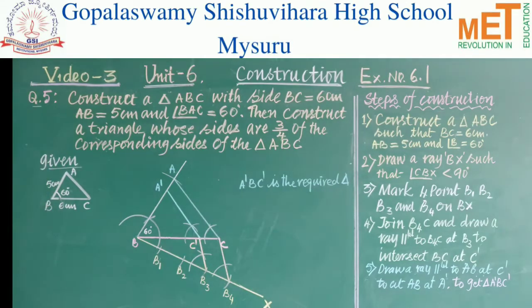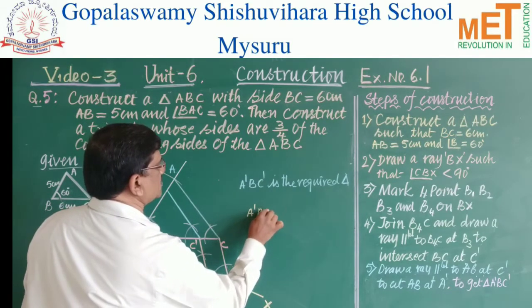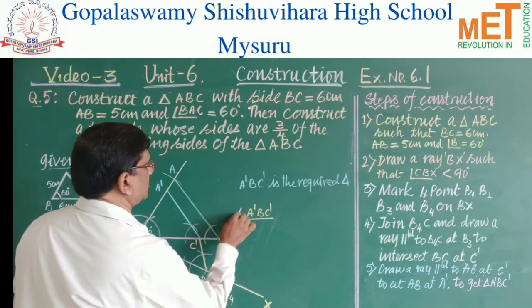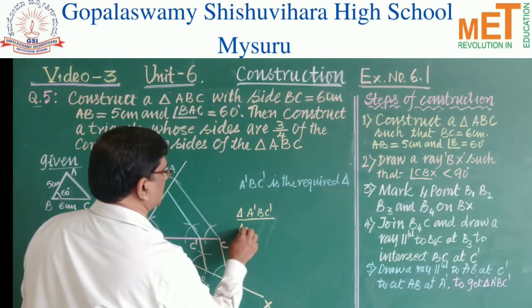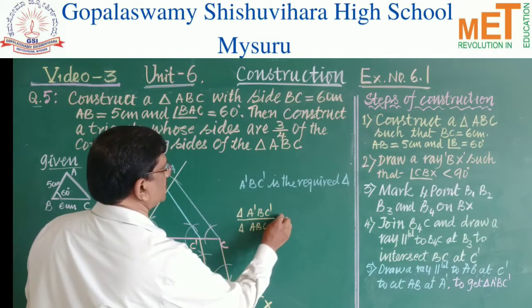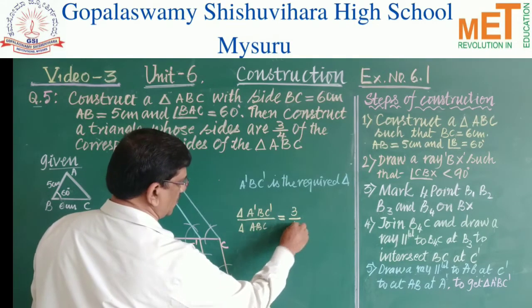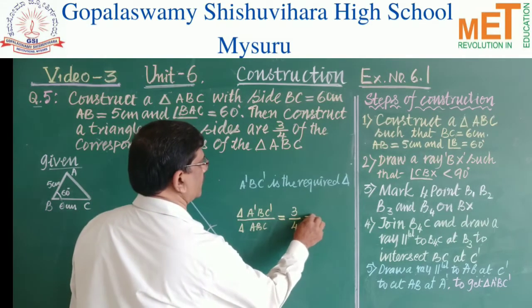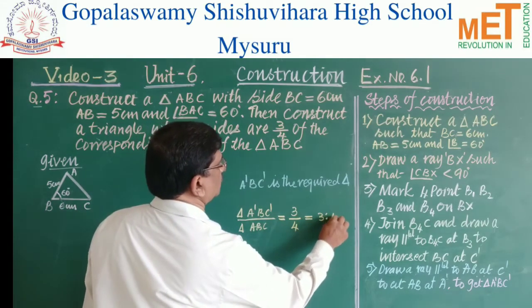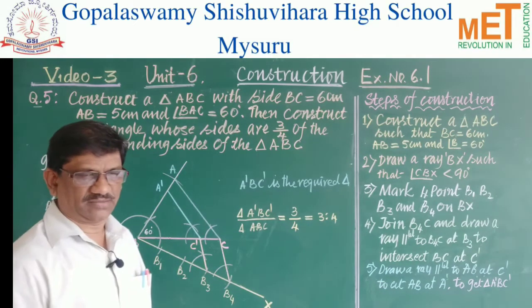Okay. If you want, you can measure it. That is, triangle A dash, B, C dash divided by triangle ABC is equal to the ratio 3:4 or 3/4. Understood, children? Okay. Take down.